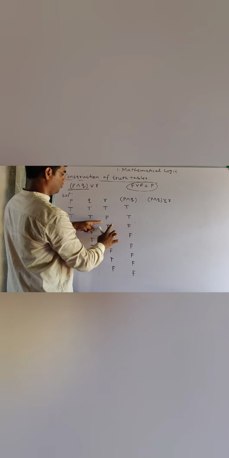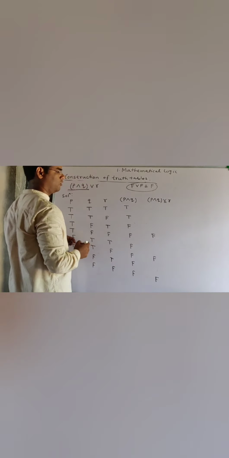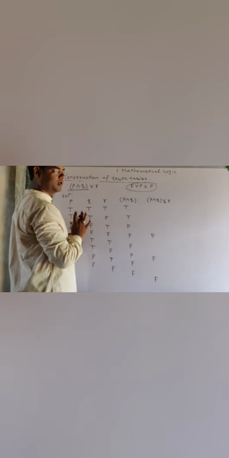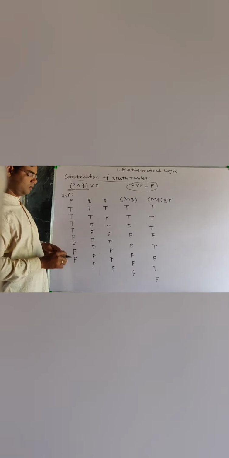Here we don't have two false, here we have two false, so this is false. Here again we have two false. The last entry is also two false. So for or, that is for disjunction, the rule is: false or false is false, otherwise true. So the remaining entries will be true. So this is the truth table for P and Q or R.